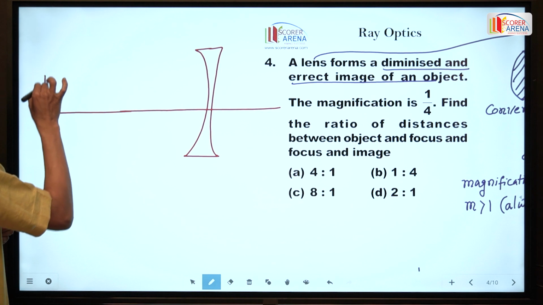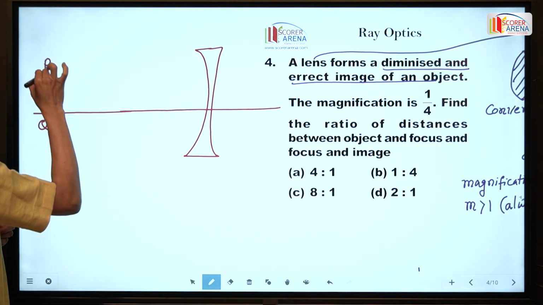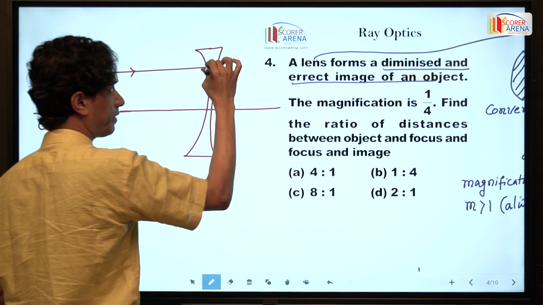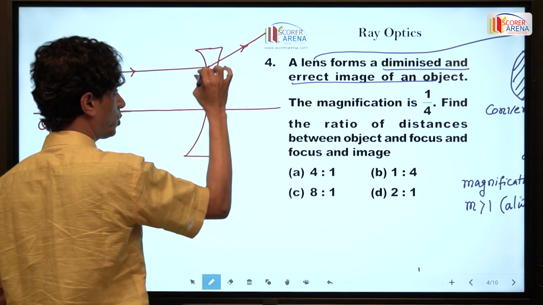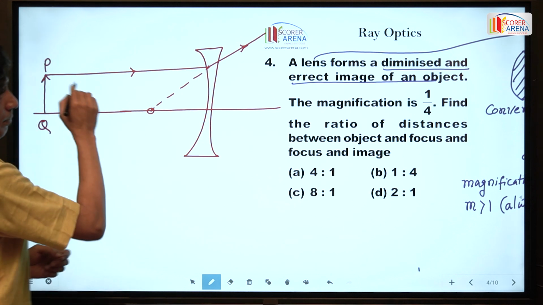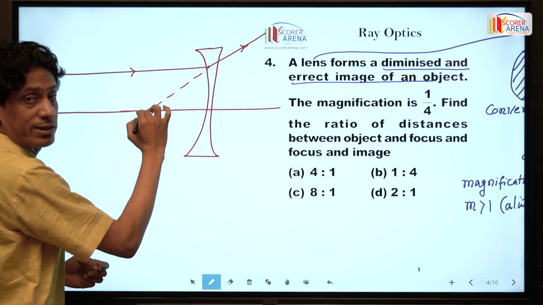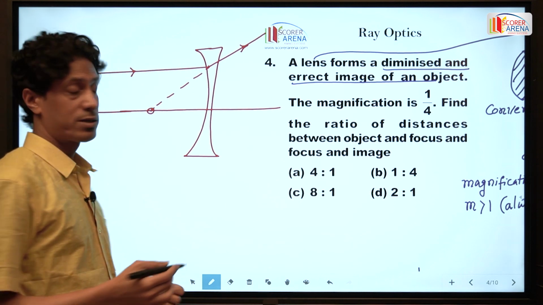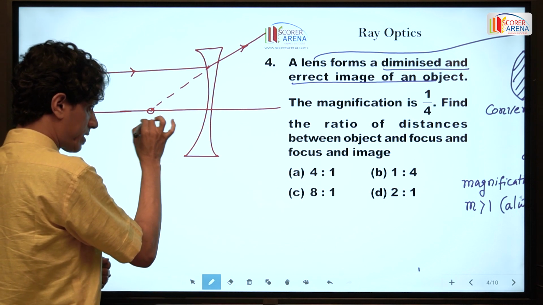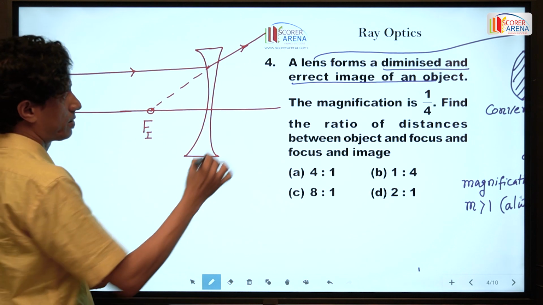Let us say there is an object PQ, this is a real object. A parallel ray after refraction will appear to come from a point on the principal axis, and this point is the focus, and this focus stands for image.